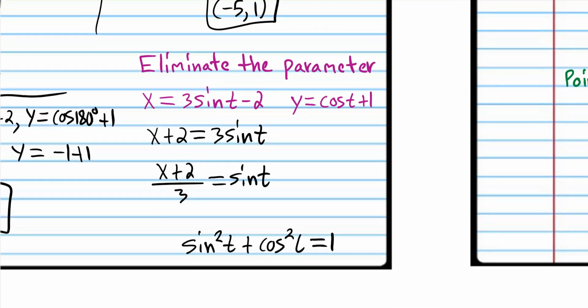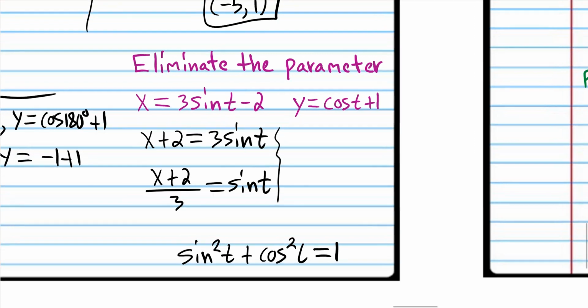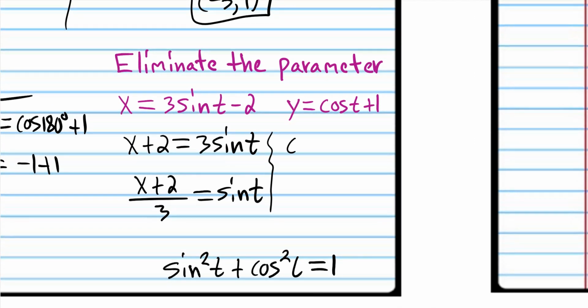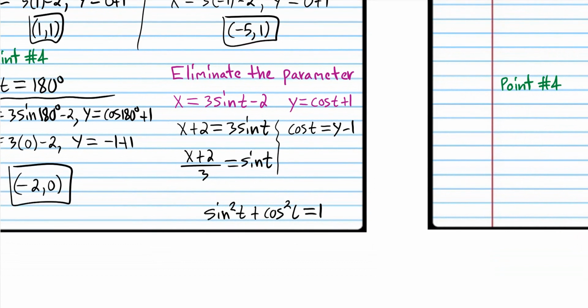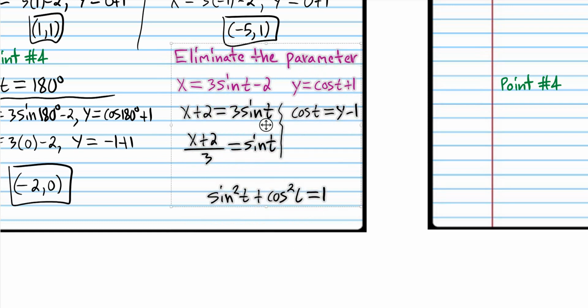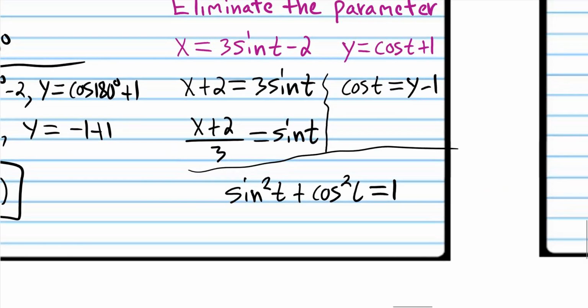And the other equation, I'm going to simply subtract 1 from both sides. So at this point, I'm then going to use the Pythagorean identity. So I'm going to write the identity and just plug in what sine t is equal to.